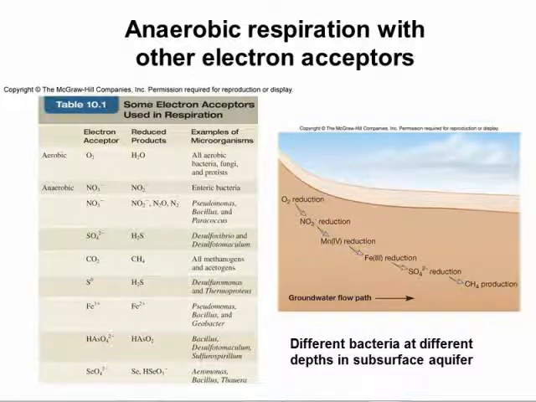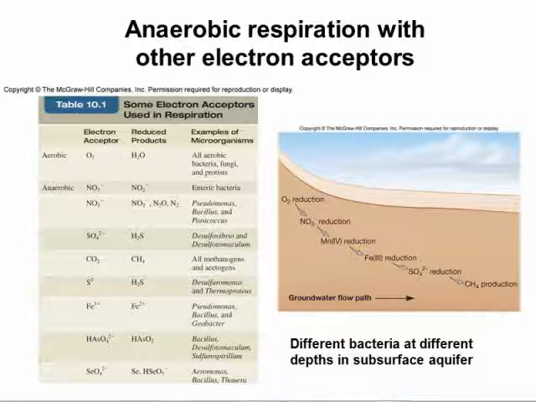Oh man, we forgot since yesterday. Let's say this one is ferric, and that's ferrous. So iron 3 plus can be used as an electron acceptor. Arsenate, selenate, if they're present.